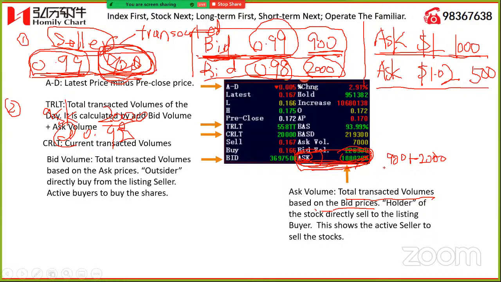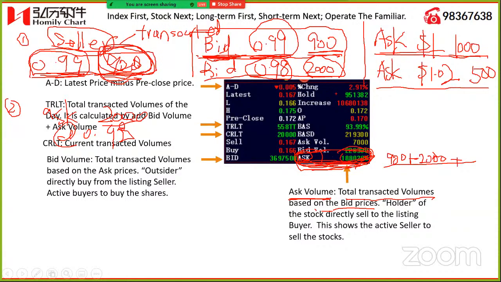So you will see over the day how many sell volumes add together. Now you know the ask volume is the transacted volume of those actively selling their positions. So that's the ask volume.